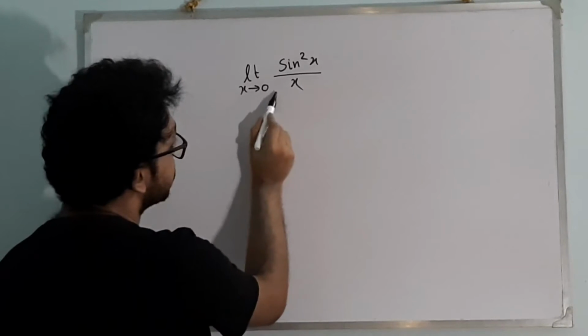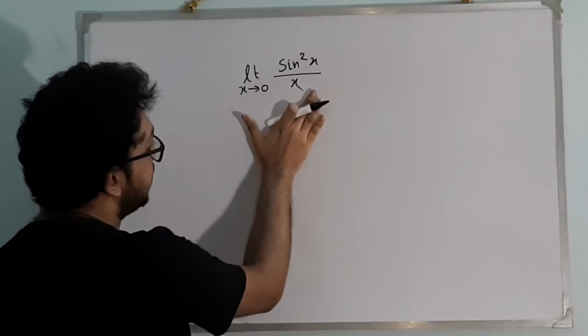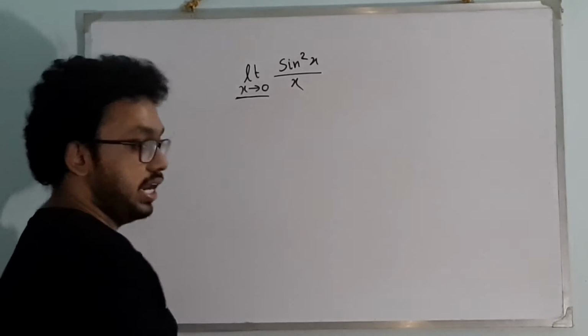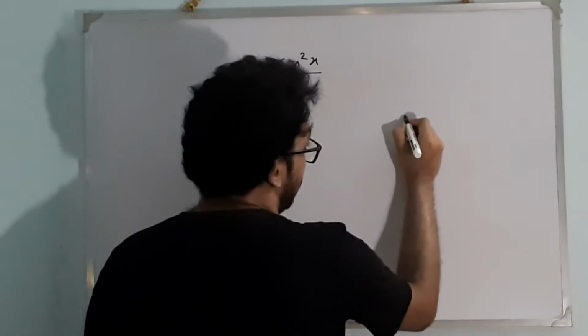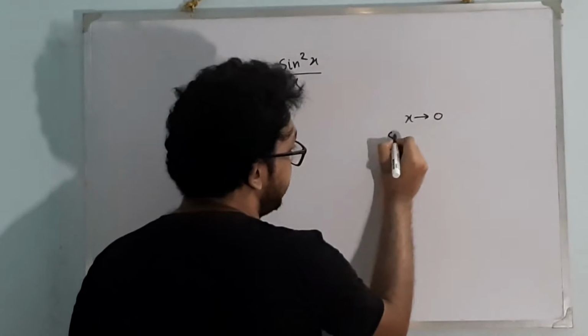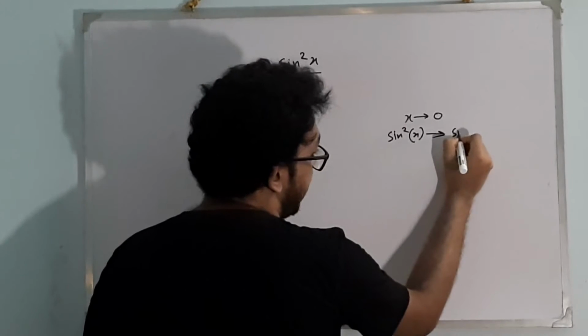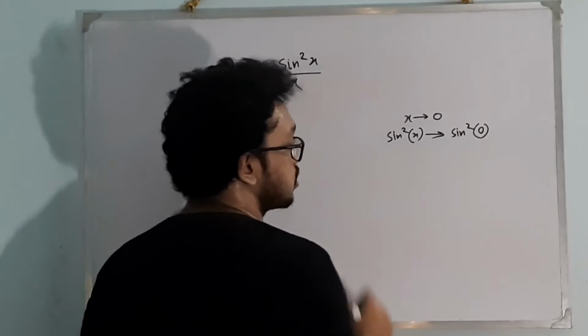See, here we have a function sin square x divided by x, and we have to find out the limiting value of this function when the limiting variable x is tending towards 0, right? Now see, when x is tending towards 0, then sin square x will tend towards sin square 0.